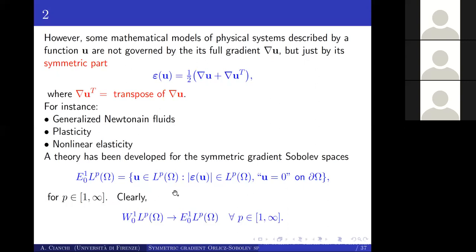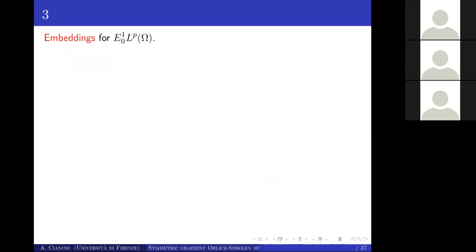Now, it's clear that since we have a weak assumption on just a symmetric part instead of the full gradient, the classical Sobolev space is continuously embedded in this symmetric Sobolev space for any p between 1 and infinity. Now, what about Sobolev type embeddings for these symmetric spaces?